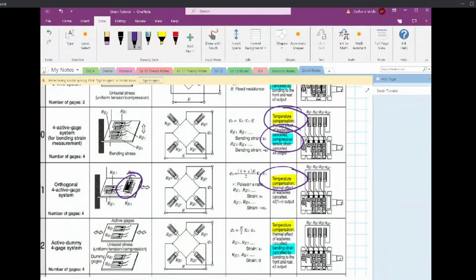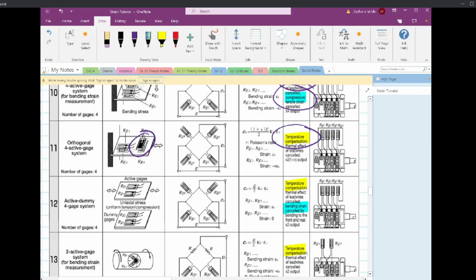There's also some literature about canceling out the lead wires themselves. They have thermal effects. The resistance of the wires themselves that you connect to the strain gauges might have some weird effects with the resistance that they carry. So depending on your configuration, you can also play with that.